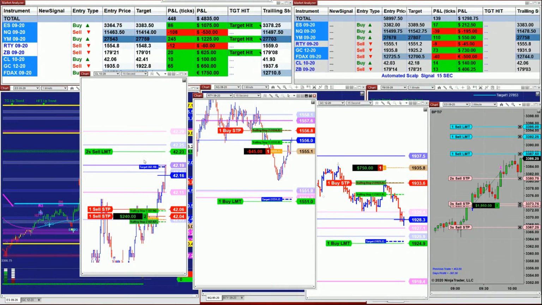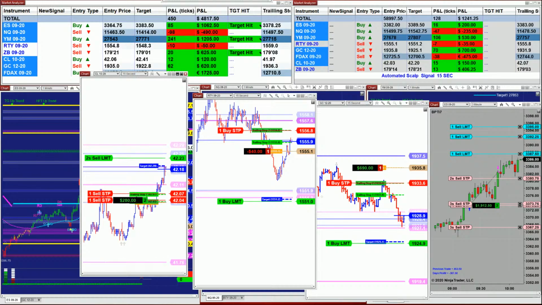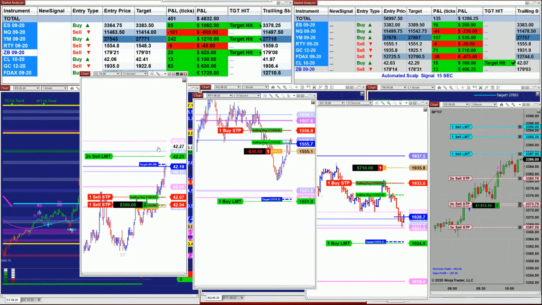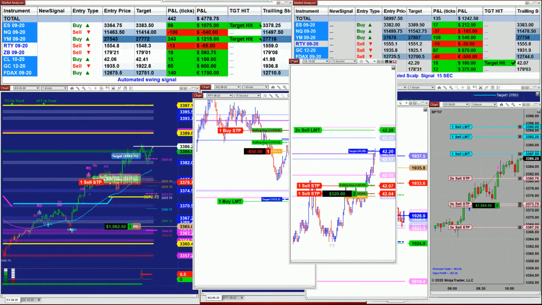On the CL, as we said, we already hit the target, 14.18, but I'm expecting a little bit more on the CL. So let me try to extend it to the higher level. For the ones trading the CL, try to extend your target, please.